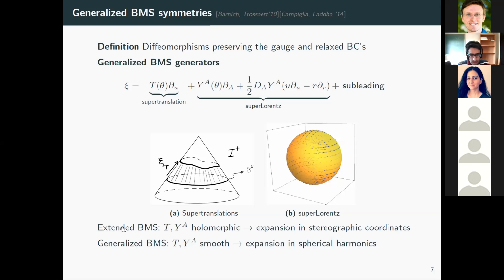And this is usually called extended BMS, so that you get two copies of Virasoro and so on. But what is usually called generalized BMS is the case where you take these functions to be smooth on the sphere, so you can expand in spherical harmonics. And this is what I focus on in this talk.